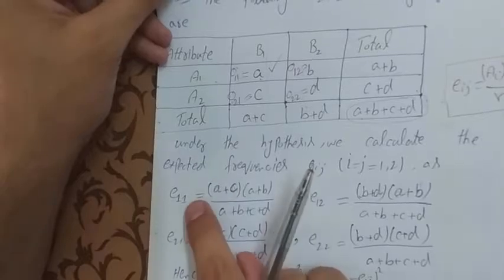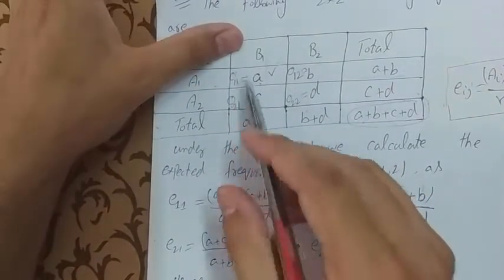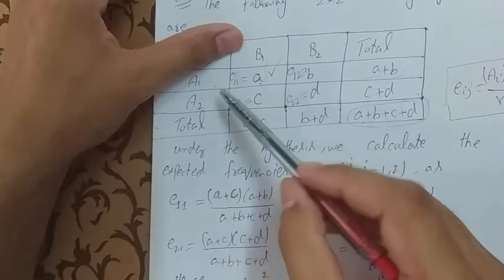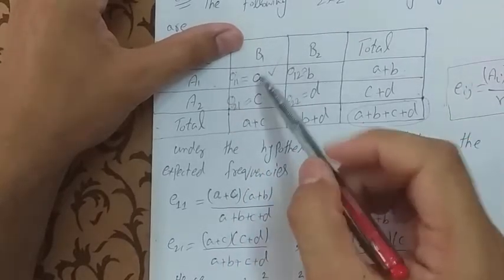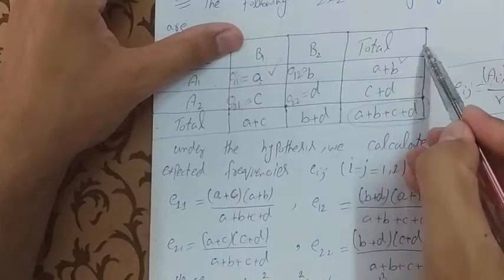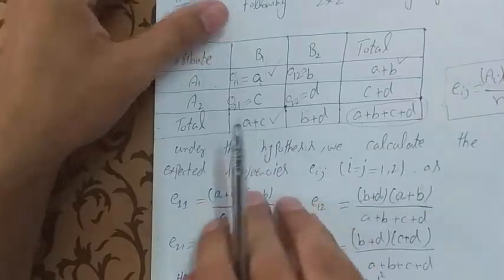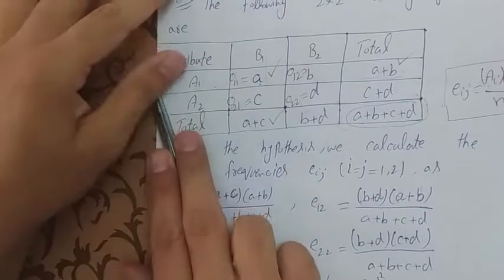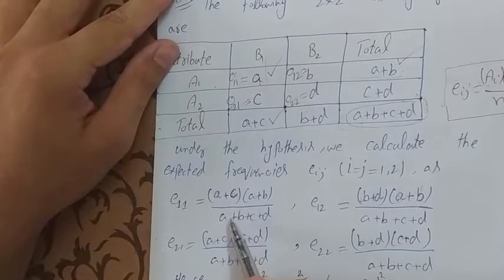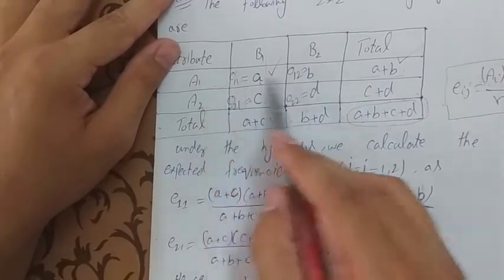Now for E11, A_i shows this sum and B_j shows this sum.